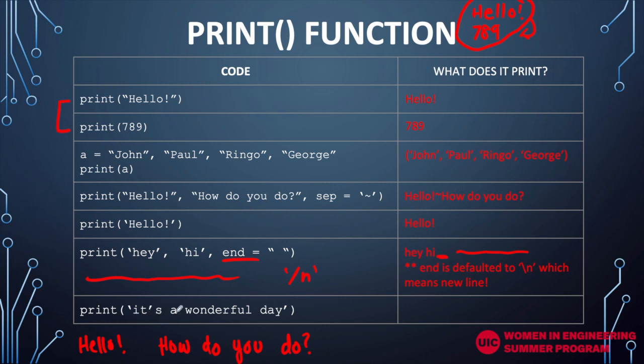Because if you're doing open, close, you have an extra close single quote, and that would cause an error. In order to fix this, you want to make it a double quote. So this would all become a string, and then you could print that string out. That would print out It's a Wonderful Day.